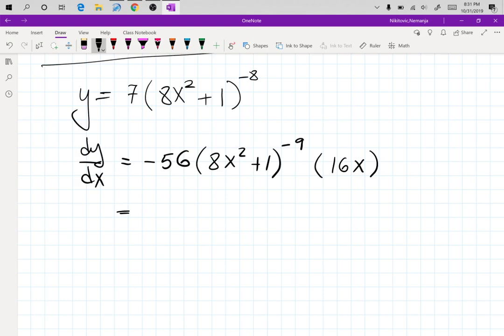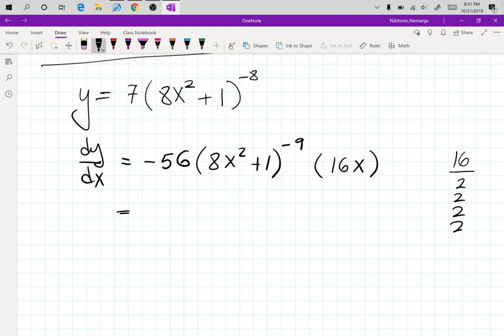So what's 56 times 16? All right, so here's the way you compute this without a calculator. 16 can be written as 2 times 2 is 4 times 2 is 8 times 2 is 16. So all you need to do in your head is double 56 4 times.